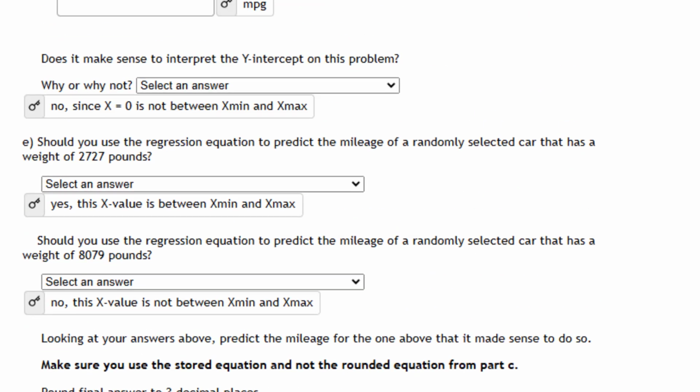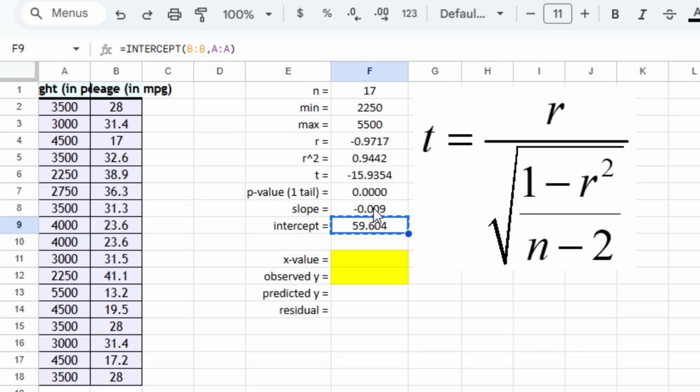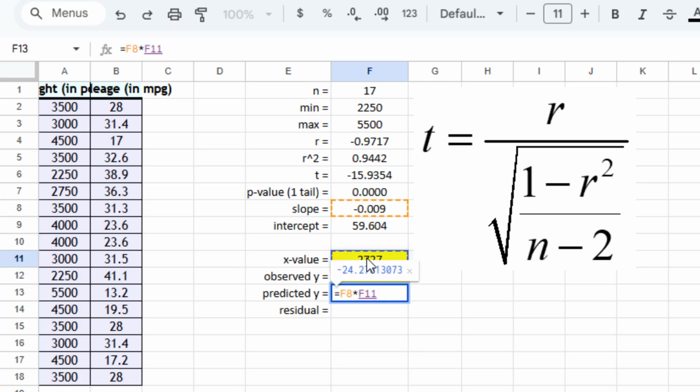Well, how do we do that? We have to use these bits and pieces and create an equation that's going to predict it. So the x value we had was 2727. And the predicted y value, well, y is going to equal m, our slope, times x, the x value we put in, plus b.